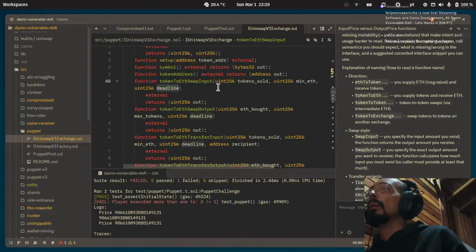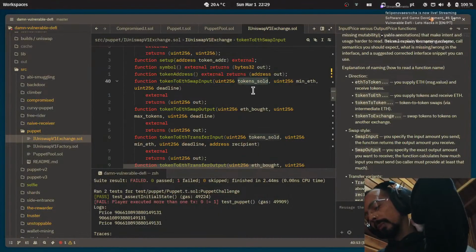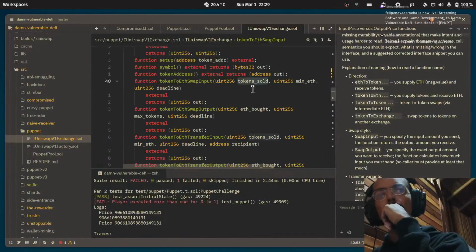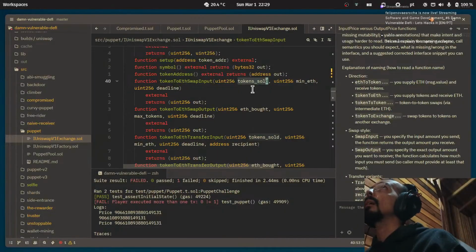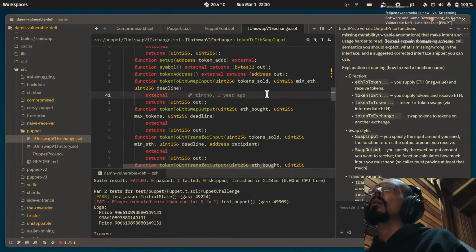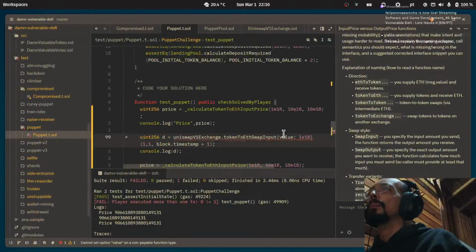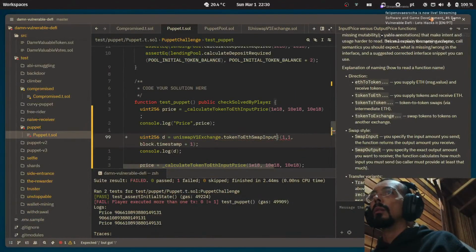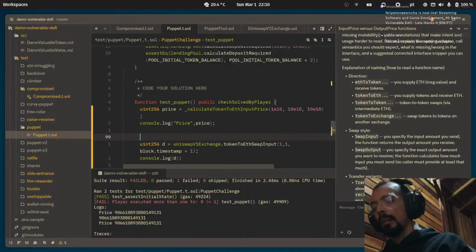Okay, token to Ethereum swap input, token sold. So I'm gonna give 10, I guess. Yeah, that should be 1. Yeah, that should be 1. So here I need a proof, probably.